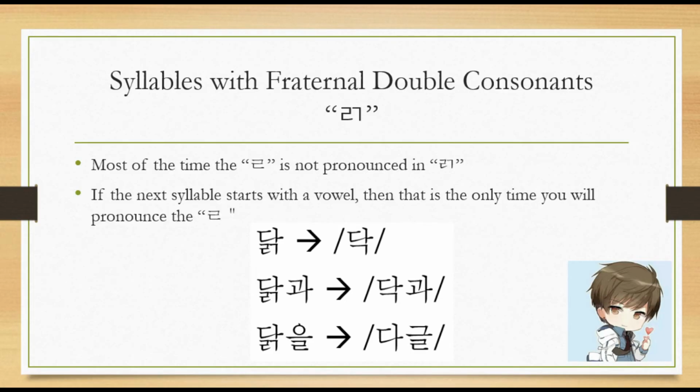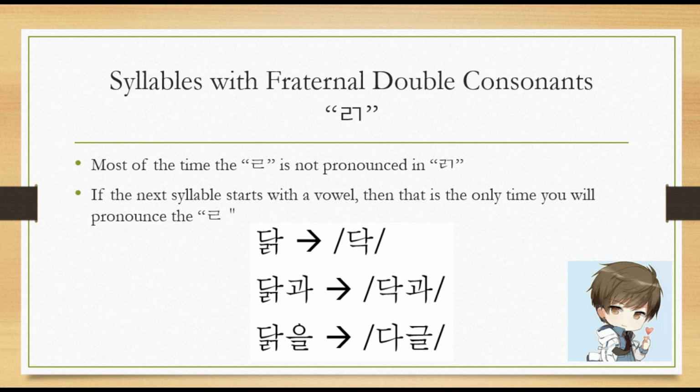Let's start with the first fraternal double consonants na RK. Most of the time, yung R, riol, is not pronounced in RK. So if the next syllable starts with a vowel, then that is the only time you'll pronounce the R, or riol. So first example, we have duck. So pag spelling niya ay parang duck, kasi ang pronunciation mo ay duck, di mo pa pronounce yung riol.